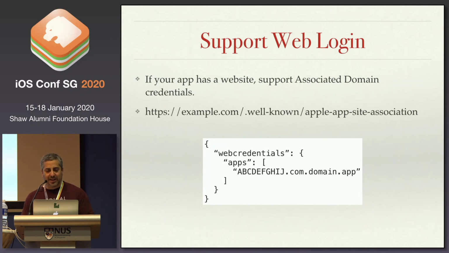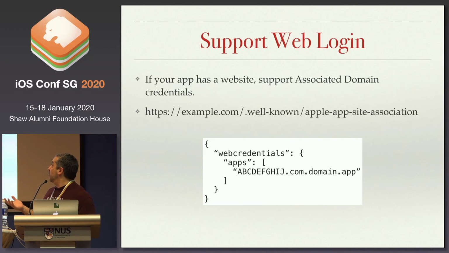So associated domains, this is something probably a lot of people aren't using, but I mentioned at the start that if you do have a web presence, you can create a file with this JSON code. They've basically made this .well-known directory. A bunch of vendors are starting to use this where they'll say, create that directory at the root of your website, and we'll look for a specific file at that specific path.